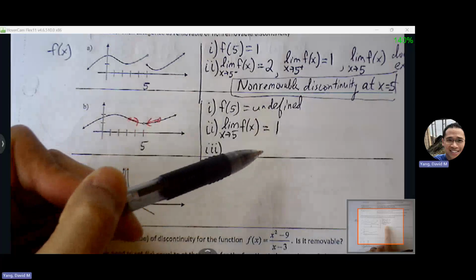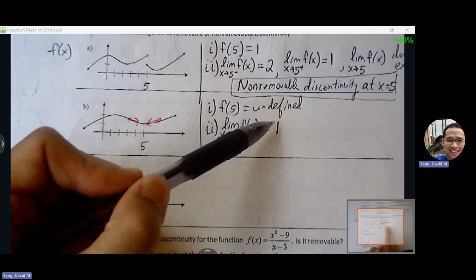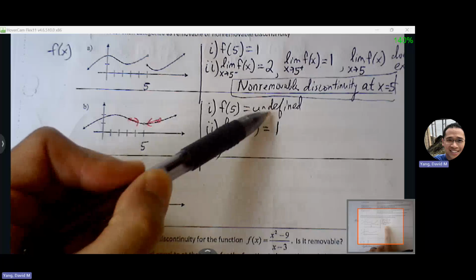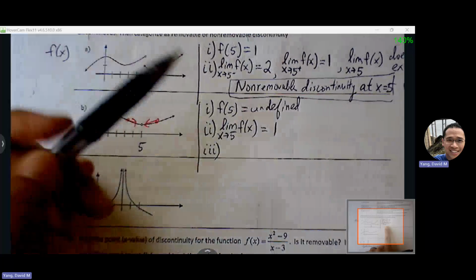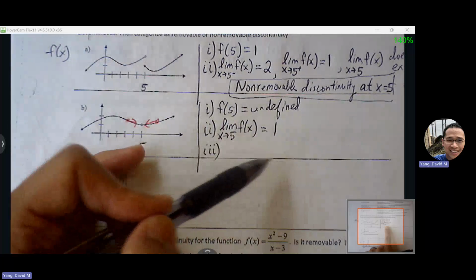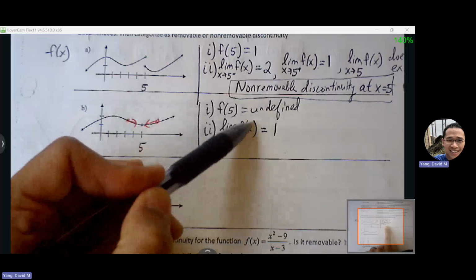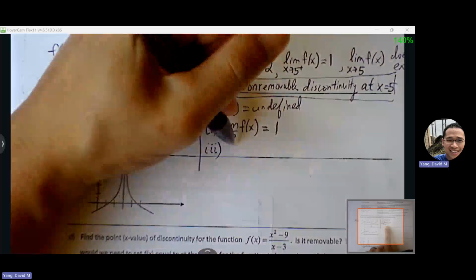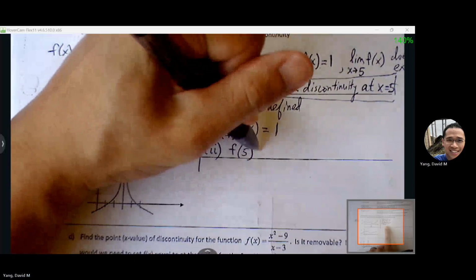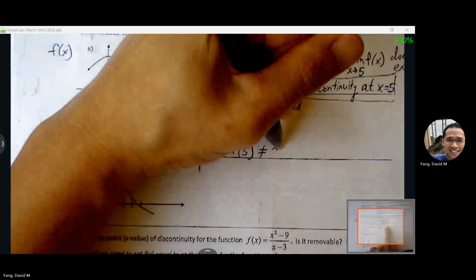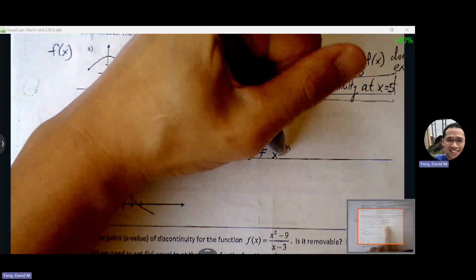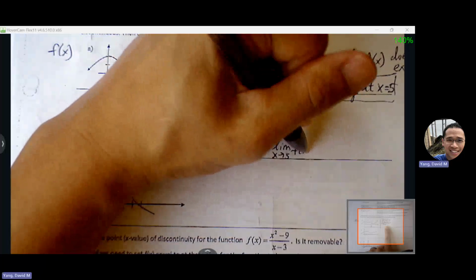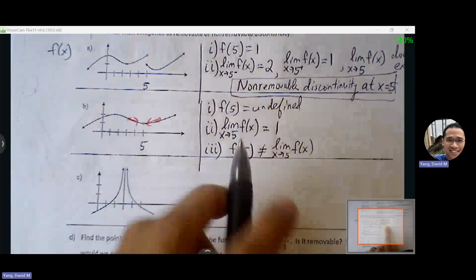Now, I want you to write this a very specific way. I don't want you to say 1 doesn't equal undefined, therefore it's a removable discontinuity. I want you to include these notations here. So I want you to say f of 5 does not equal the limit as x approaches 5 of f of x. You don't have to say anything about undefined not equaling 1.